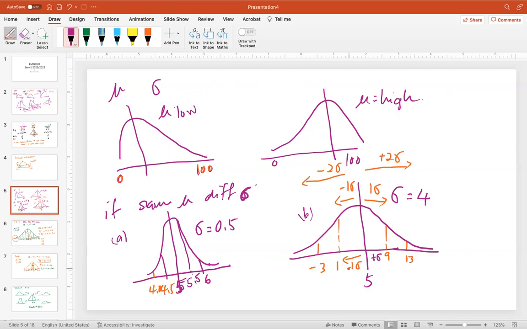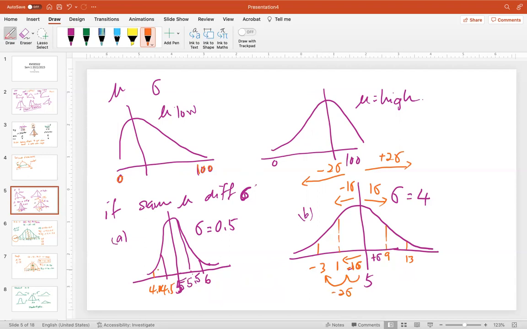For negative, 5 minus 4 is 1, and 1 minus 4 is -3. So this is one standard deviation, and this is negative two standard deviations, which is -3.